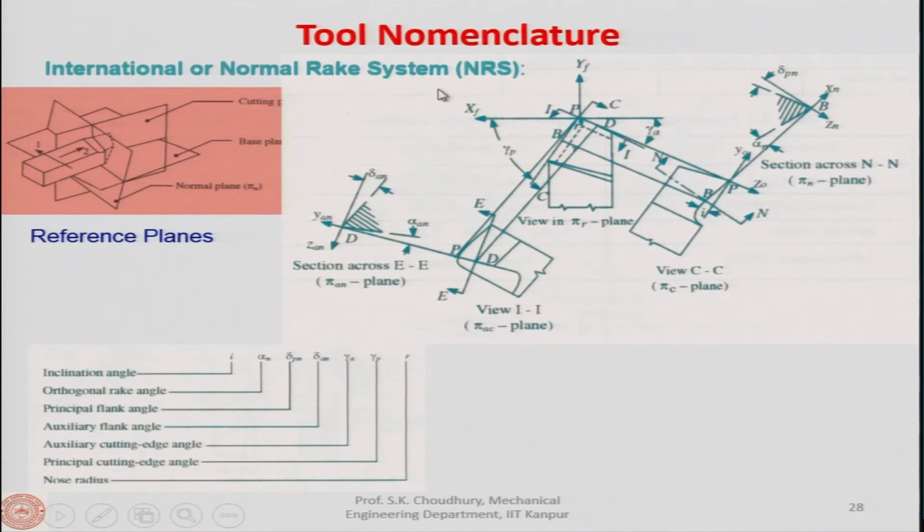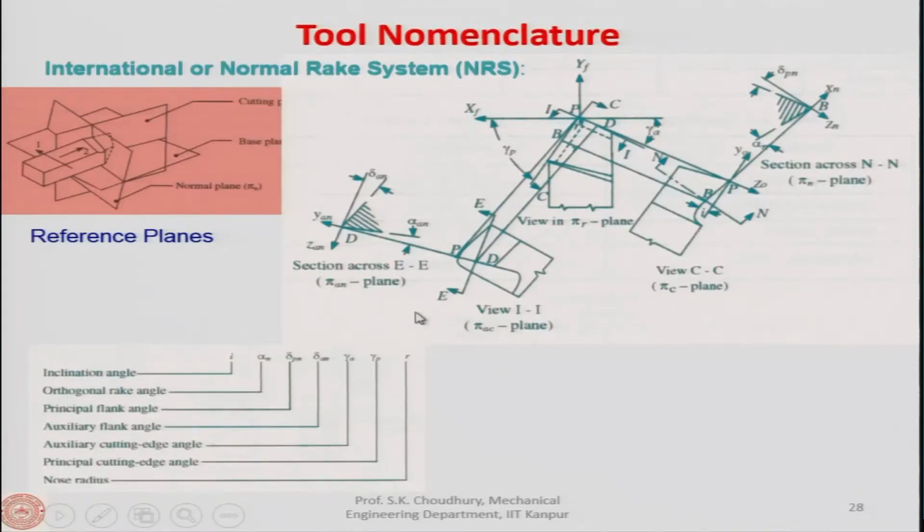This is called the international system because many countries are now trying to adopt one system where all the countries will have the nomenclature according to this system, so that it could be easier for all the countries to buy tools from each other and not have to bother about the angles which are working angles, because on those working angles only the NRS will define the inclination of the rake face, inclination of the flank face or the inclination of the cutting edges.